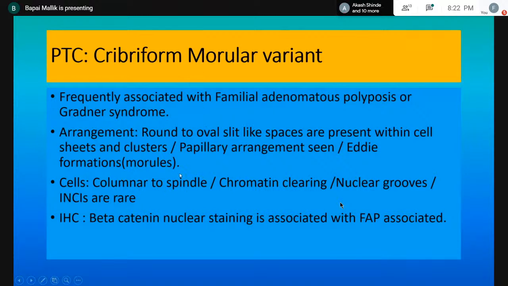The cells are columnar to spindle, so even this is another type apart from the tall cell variant and the columnar variant, which can show columnar cells. There is chromatin clearing, nuclear grooves, and intranuclear cytoplasmic inclusions are mostly rare. And you can use beta-catenin nuclear staining, and it is going to turn out to be positive. Beta-catenin staining in the nuclei, in those cases which are associated with FAP.